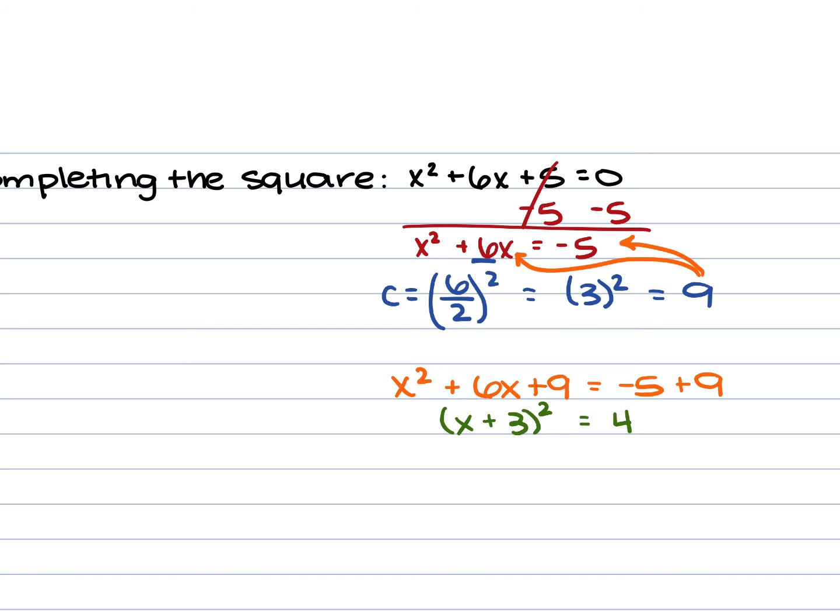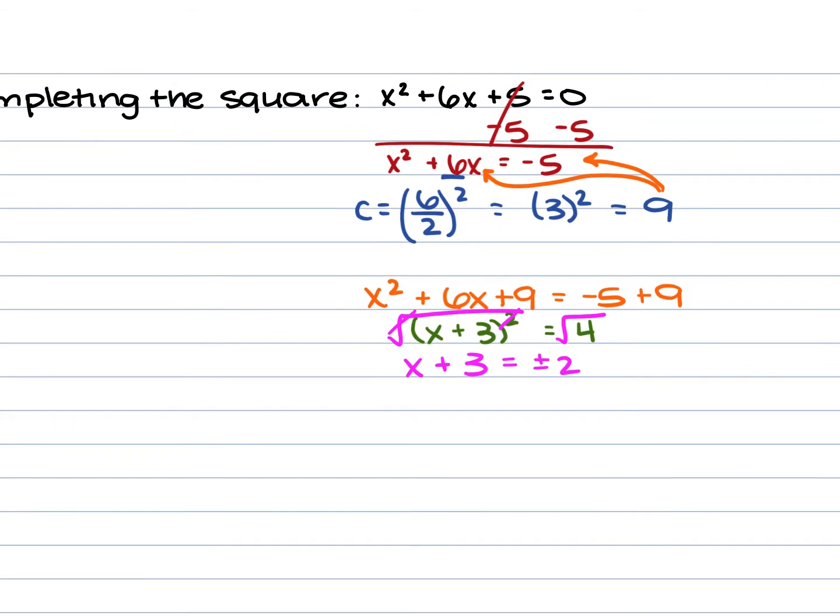To get rid of that power, we're going to take the square root of both sides. Remember, when you take the square root of that 4, the plus or minus goes in front of your answer. So you have x plus 3 is equal to plus or minus 2. From here, because that radical simplified to be a constant number, we're going to separate it into two equations and solve for both.